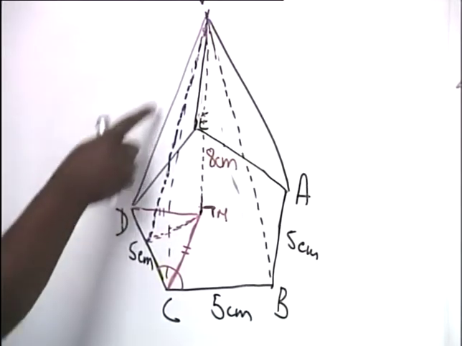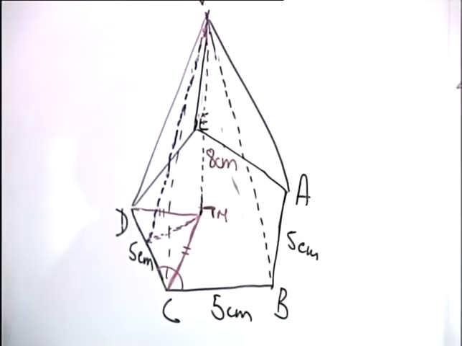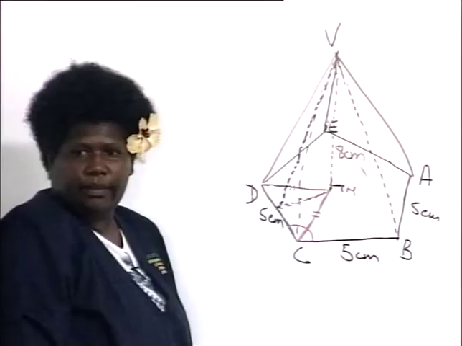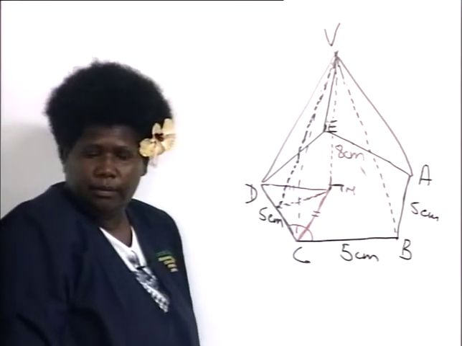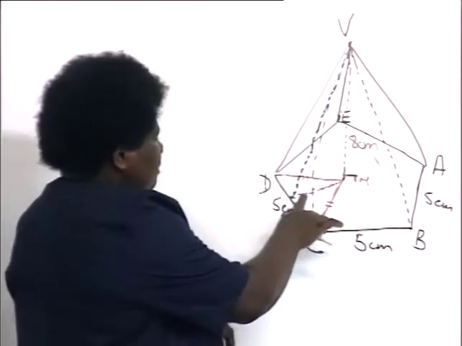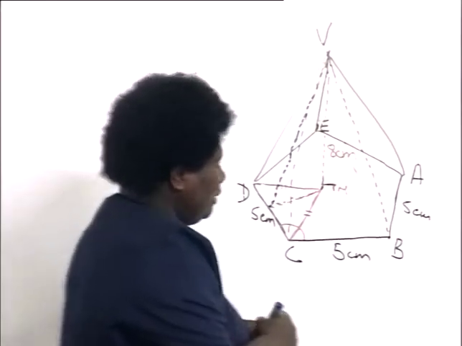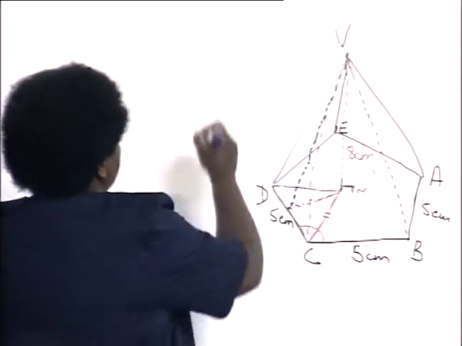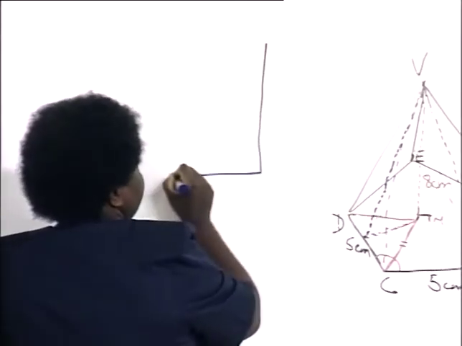This is 2.5, so we can work out VD, which is the same as VA. Clear?